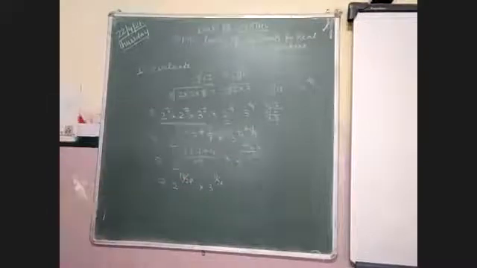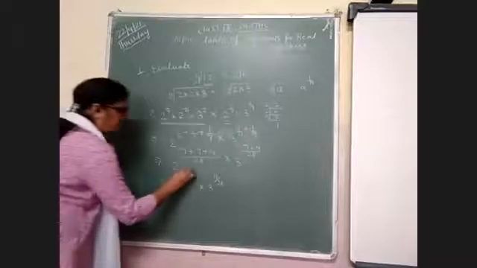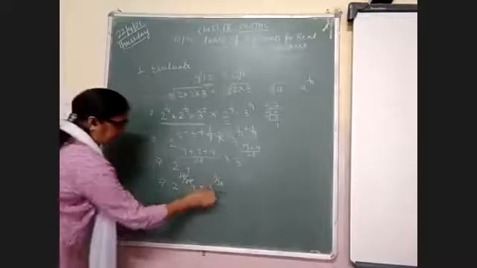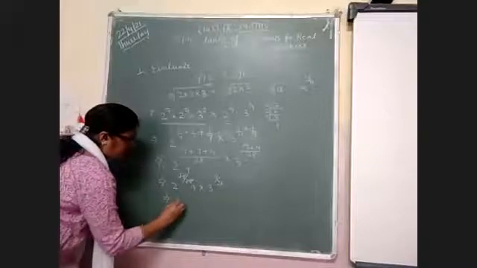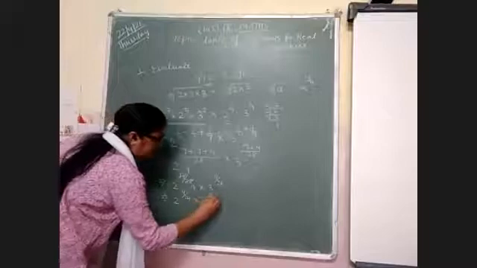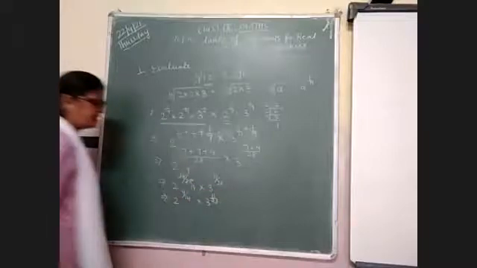Now how can you write this? 2 nines are 18, 2 fourteens are 28, and this is not cancelled. So 2 raised to the power 9 by 14 into 3 raised to the power 11 by 28.